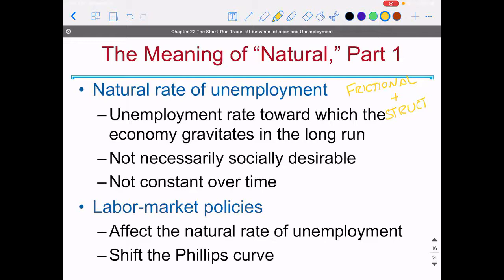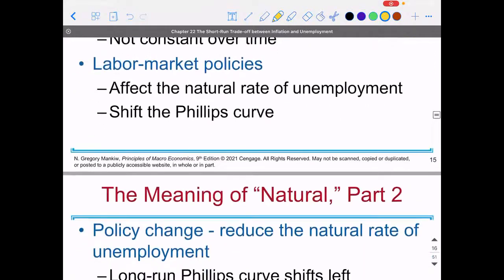And so that would make the natural rate of unemployment lower. In Western Europe, where things are a bit more socialized in terms of the insurance programs that come with employment, and maybe unions are more prevalent, then the natural rate of unemployment would be a little bit higher, or maybe a lot higher.